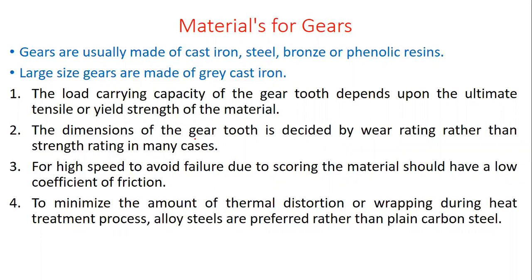Once you understand the classification, the next one is what are the materials which are used for manufacturing gears? To manufacture the gears, usually they use cast iron, steel, phenolic resin, or bronze.